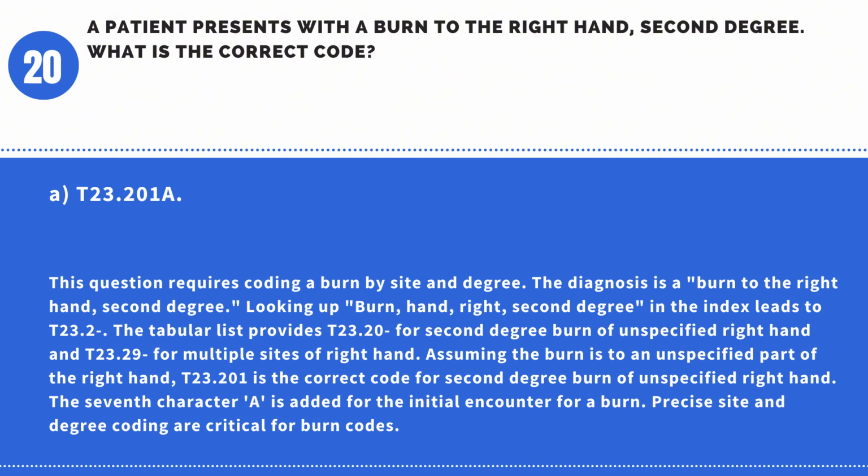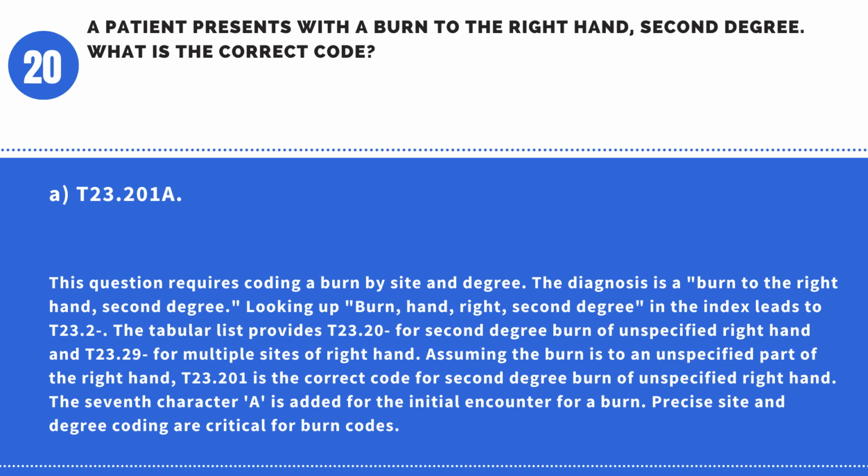T23.201A. This question requires coding a burn by site and degree. The diagnosis is a burn to the right hand, second degree. Looking up burn, hand, right, second degree in the index leads to T23.2-. The tabular list provides T23.20 for second degree burn of unspecified right hand and T23.29 for multiple sites of right hand.